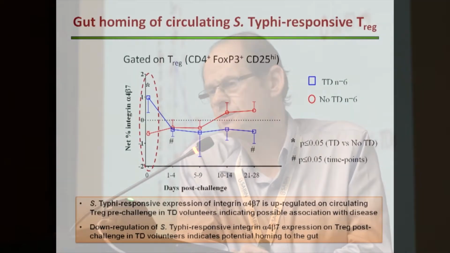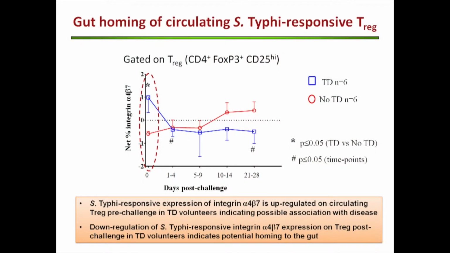So, just one slide of this whole set of data, and this is remarkable because at baseline, if you follow the blue line with the asterisk, the volunteers who developed typhoid disease had very high levels at baseline of integrin alpha-4 beta-7 S. typhi responsive cells. That means that those cells had the capability to home to the gut. If you have downregulatory cells homing to the gut, that provides a putative explanation of why these volunteers develop typhoid.